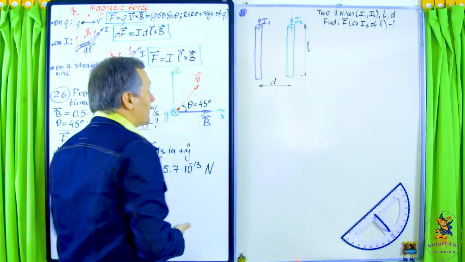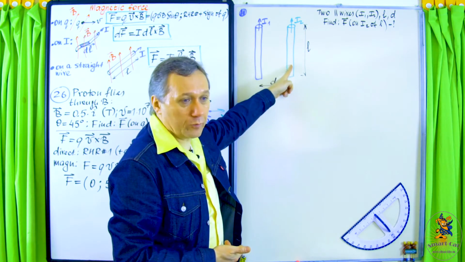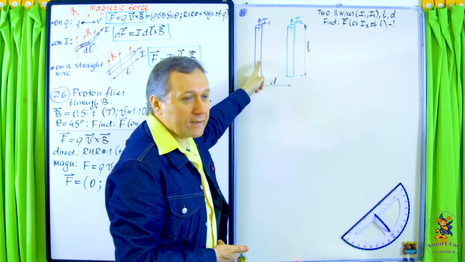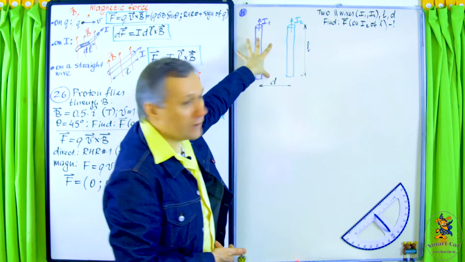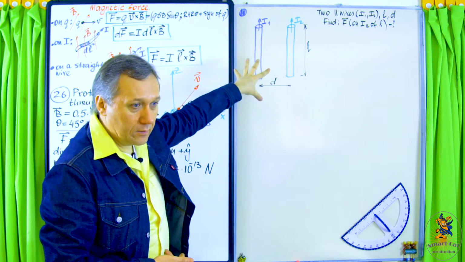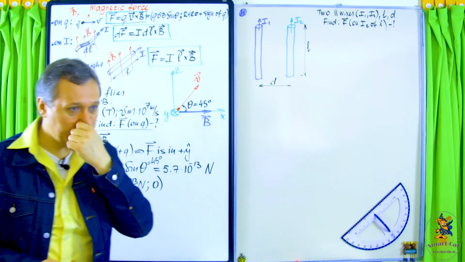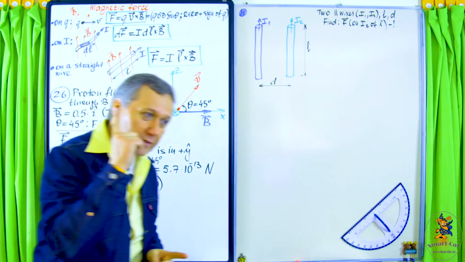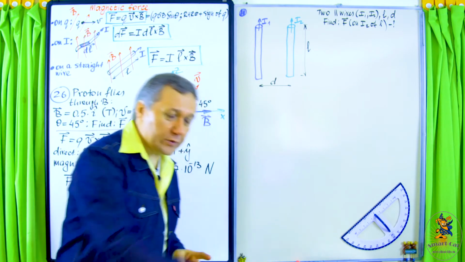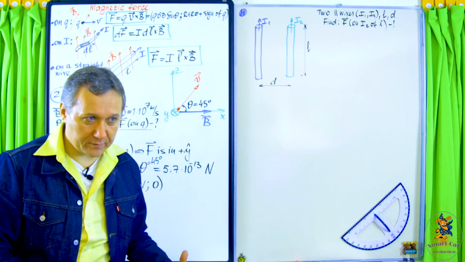Since in our case we want to find the net force on I2, this is the object on which force is being exerted, and this is the source of the magnetic field. So first, let's find the magnetic field, which will be used in this formula. That's what I wanted to discuss: which object is the object on which force is exerted, and which is the source of the magnetic field.